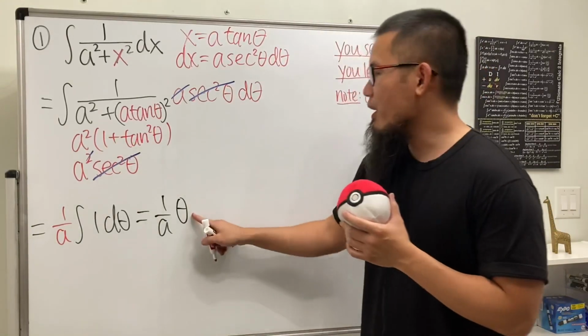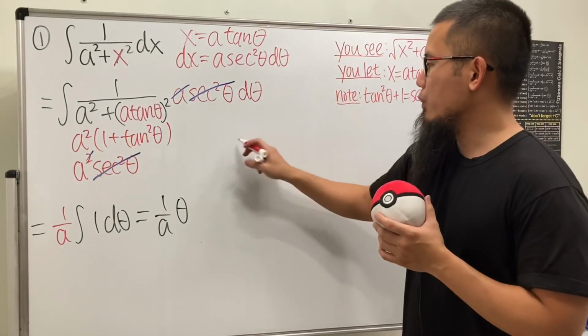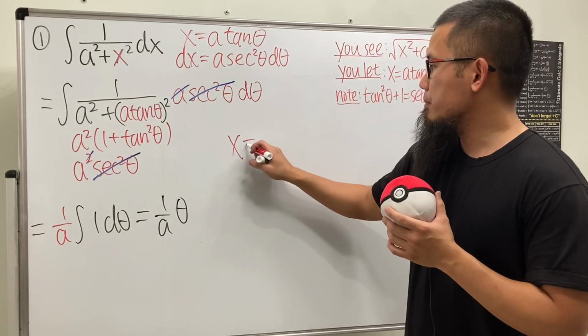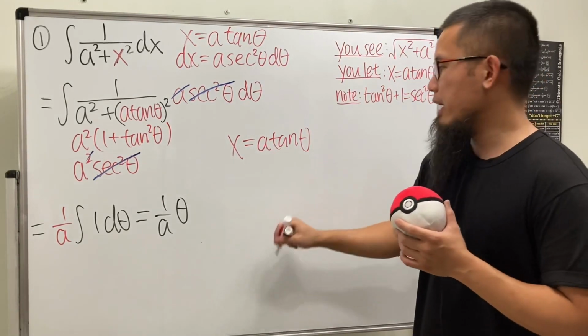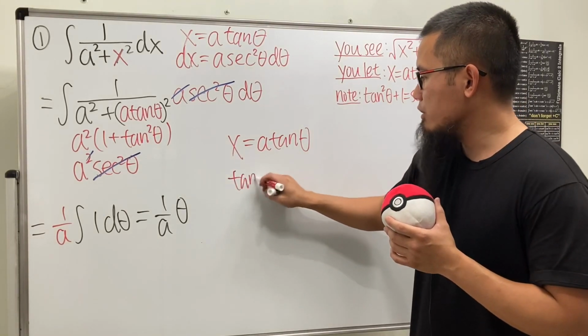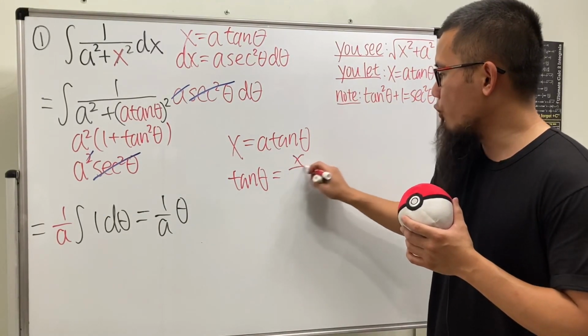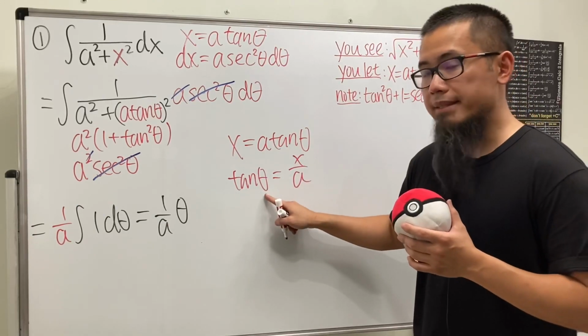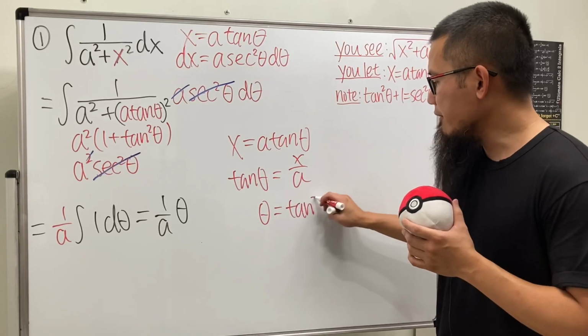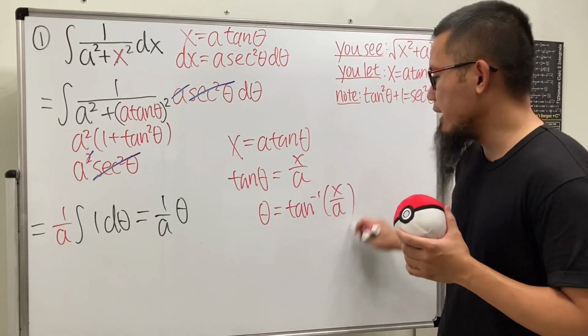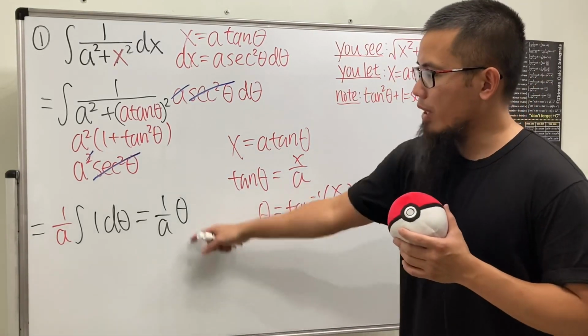So now, to figure out theta, we'll just go back here. We know x is equal to a times tangent theta, divide both sides by a. So we are looking at tangent theta that's equal to x over a. To get theta by itself, we just do the inverse on both sides. So theta is equal to inverse tangent of x over a. So we just put this right there.